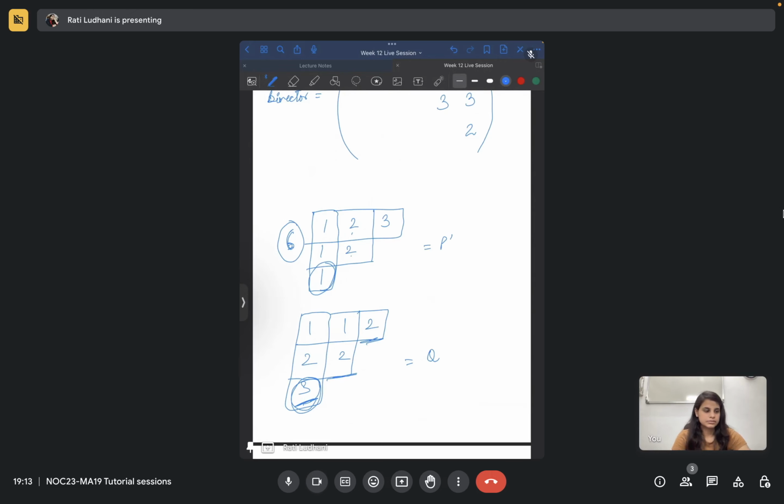So 1, 2, 3, 1, 2, P dash, 1. If you bump out 1, then this will go, and 1 must have been inserted here because 1 is the same number. So this is the new one. These have been replaced, and then again when you put 1, these have been replaced because equality is allowed.